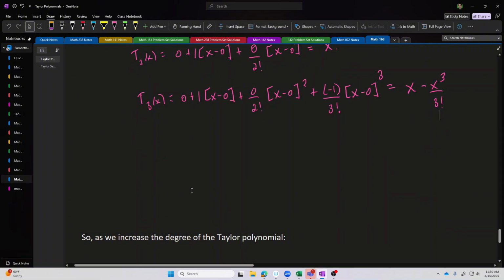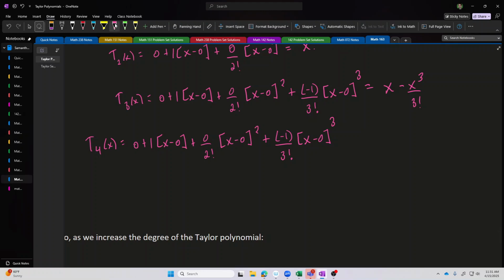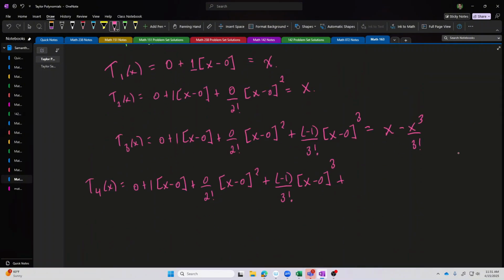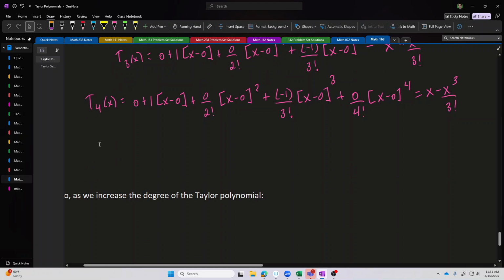And let's go ahead with the fourth degree Taylor polynomial. I'm just going to copy paste the third degree Taylor polynomial and then add on just one additional term: the output of the fourth derivative of our function divided by 4 factorial times 4 copies of x minus 0. And then finally, the last one, the fifth degree Taylor polynomial.